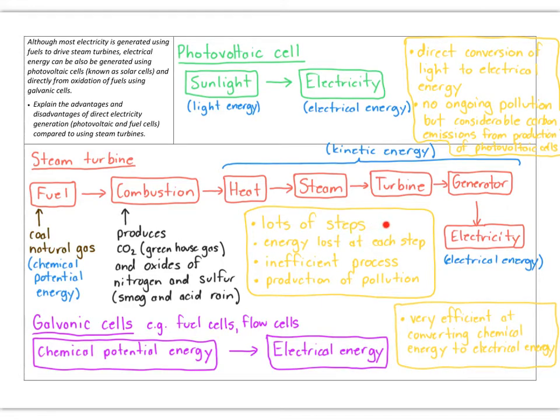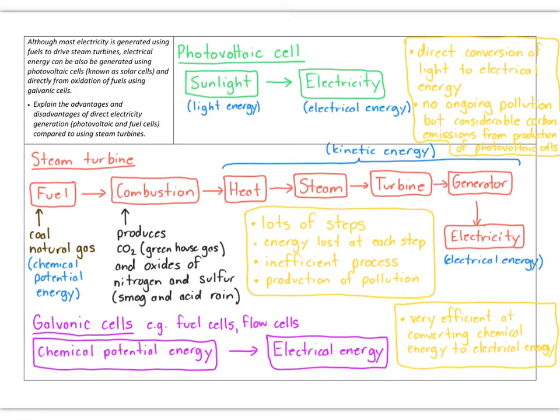Lots of steps make it a very inefficient process, where energy is lost at each step. We also get the production of lots of pollution. So, if you like, that is the disadvantages of the steam turbine.